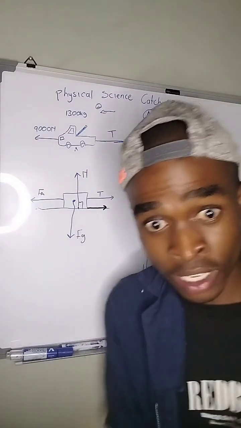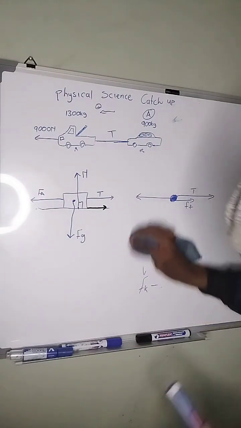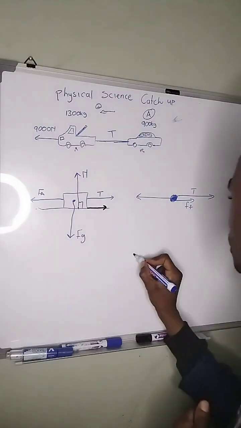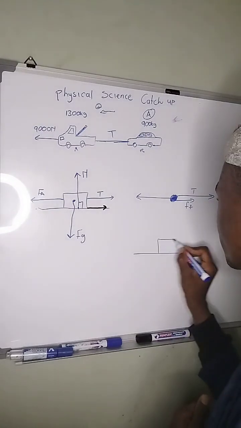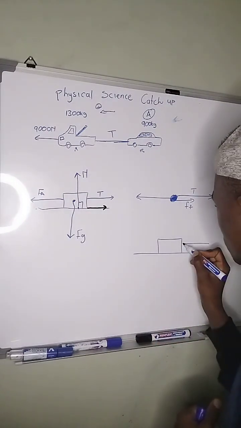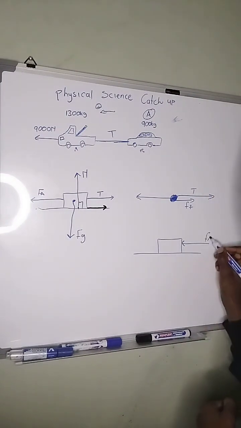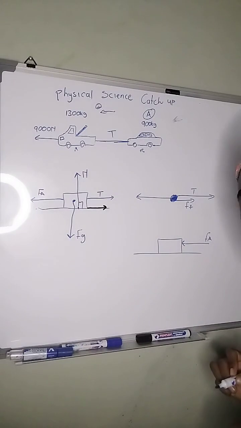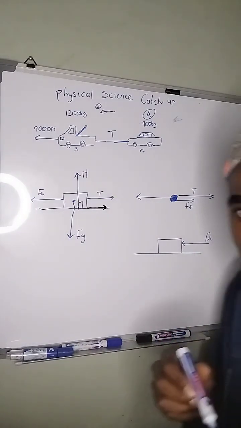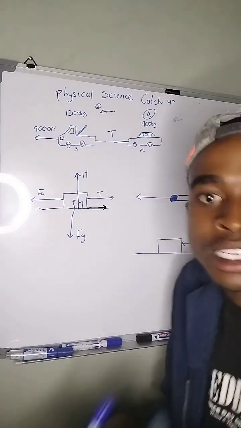Let me draw a demonstration to emphasize the two. If I have this object and I'm trying to push it with this force, this is the applied force, and the object is not moving. It's still the same thing.